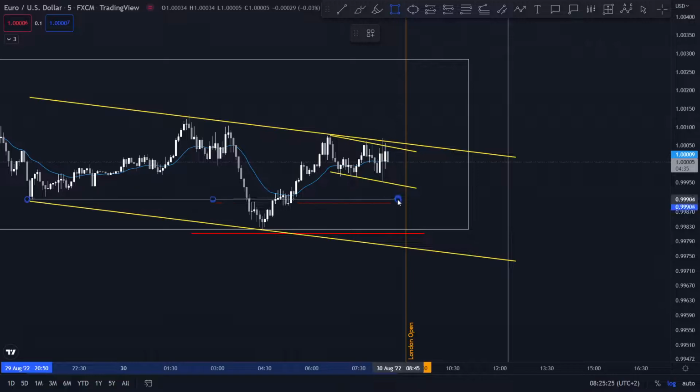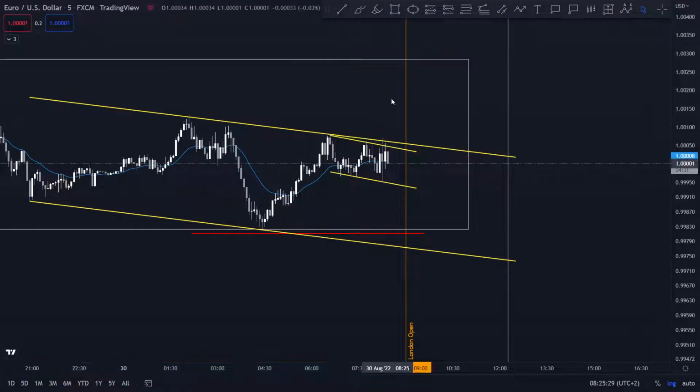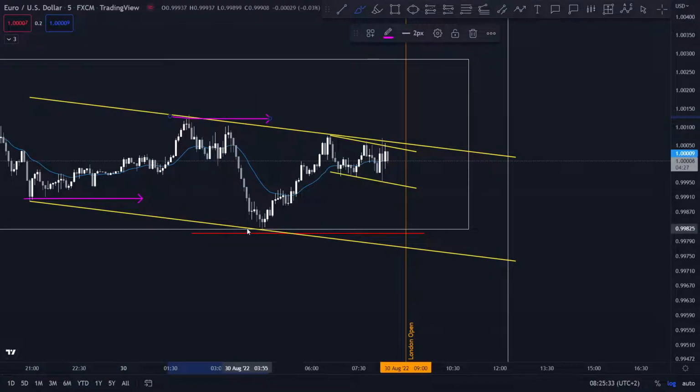That's something to consider. That's a downtrend. Even if it does not look like a downtrend, it's a downtrend.